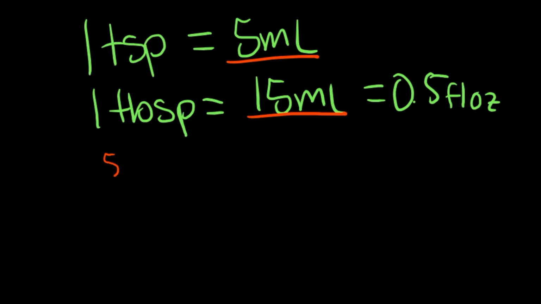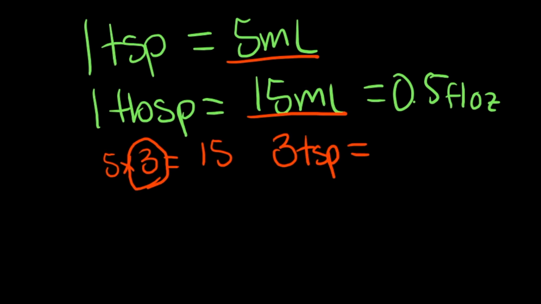So 5 times 3 equals 15, right? This 3 here means that 3 teaspoons is equal to 1 tablespoon. So if you have to convert from teaspoons to tablespoons, that'll be your conversion factor there.